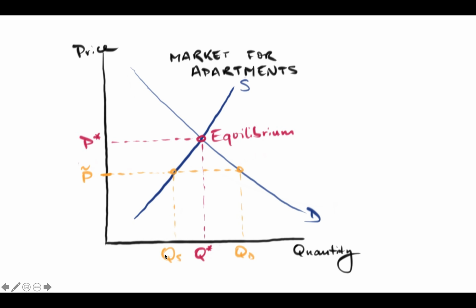Now, again, there's a mismatch between the number of apartments that consumers would want to rent, QD, and the number of apartments that landlords would make available, QS. Whenever quantity supplied and quantity demanded are not the same, what actually gets sold in the market is the smaller of the two. In this case, QS. That's all the apartments that landlords will make available to renters.